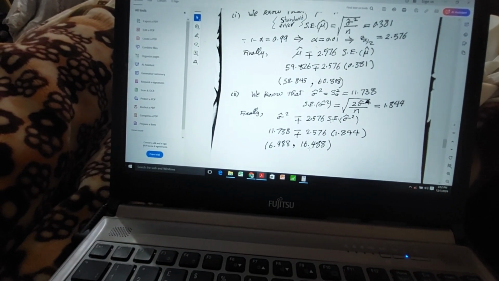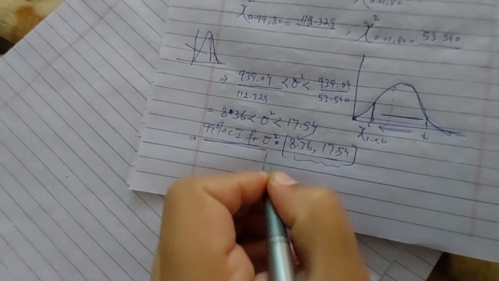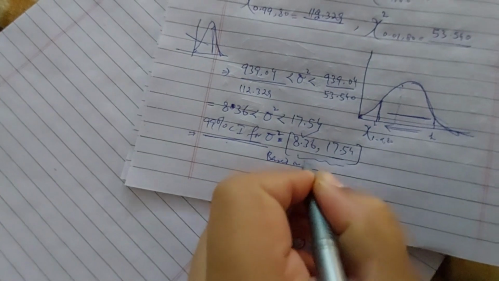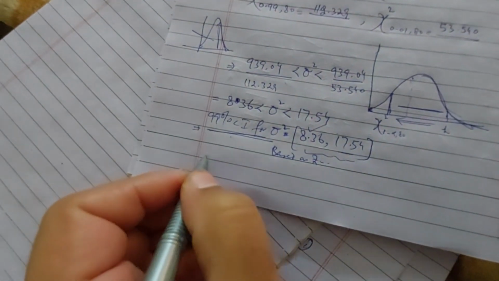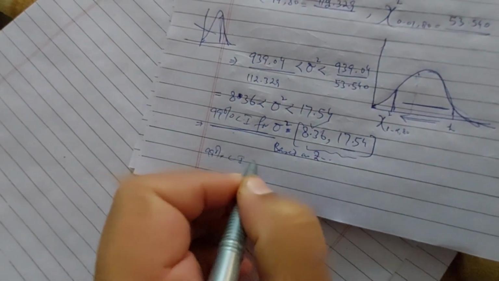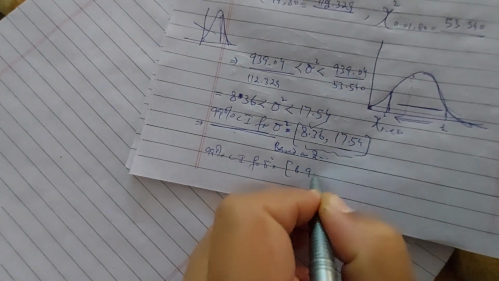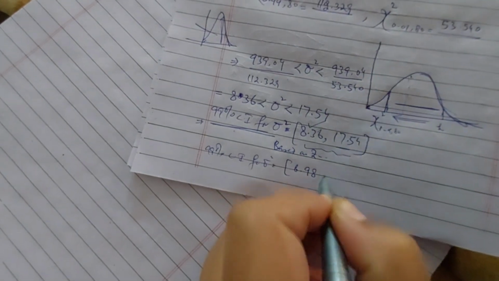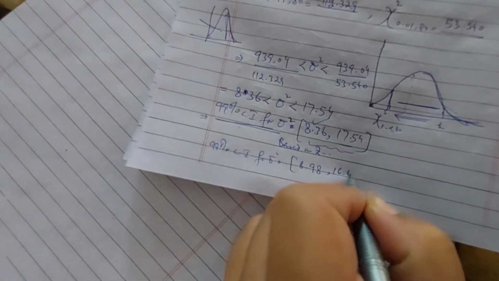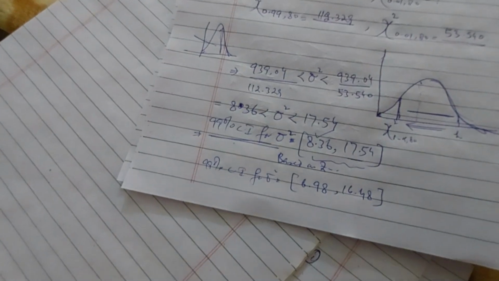So 6.9 and 16.4. Based on z, we get the 99% confidence interval for sigma square is equal to 6.98 and 16.48.